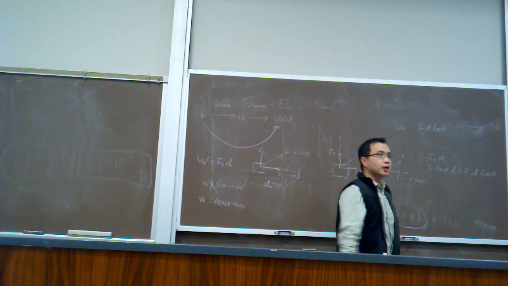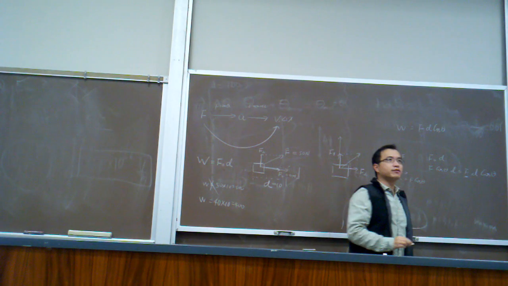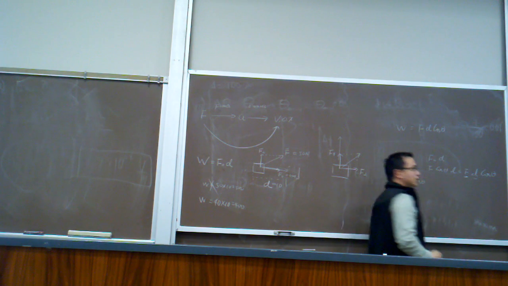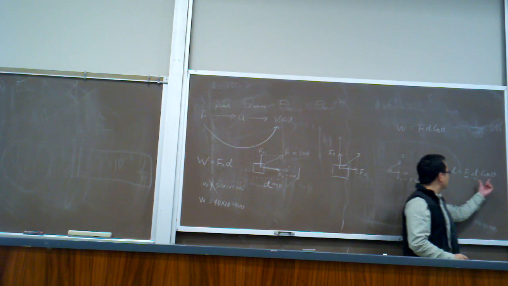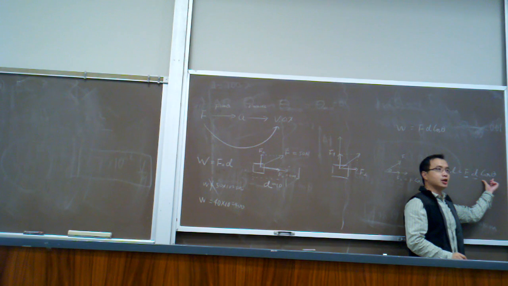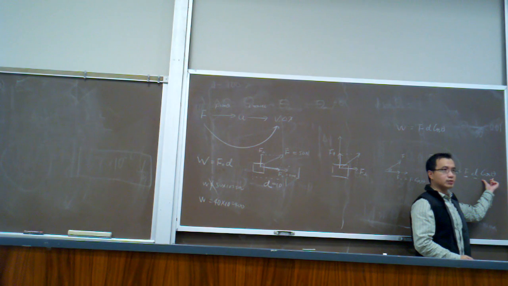In this equation, you use the original force F, 50 Newton, and the distance D. But then don't forget you have to put in this factor, the cosine theta. This one actually comes from the vector decomposition.